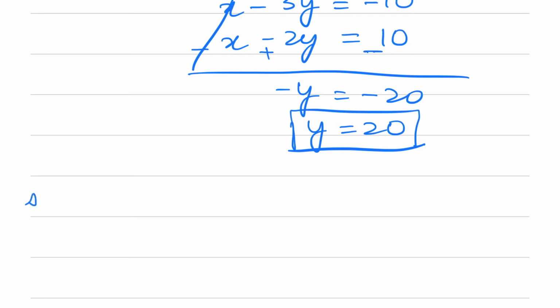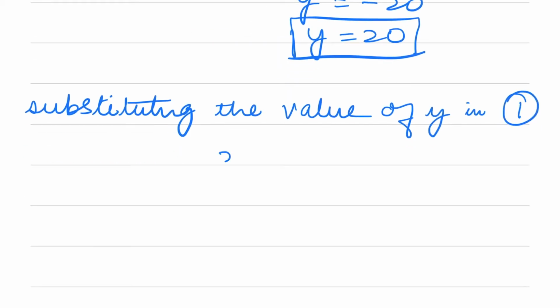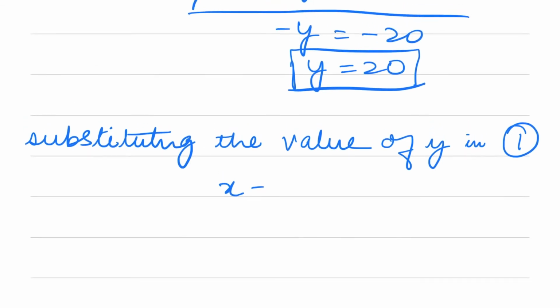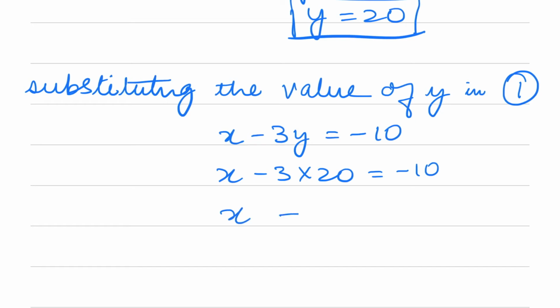Now substituting the value of y in first equation. So we have x minus 3y is equal to minus 10. So x minus 3 into 20 is equal to minus 10. x minus 60 is equal to minus 10.